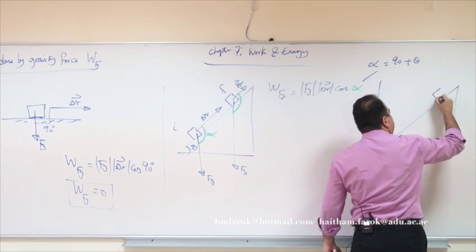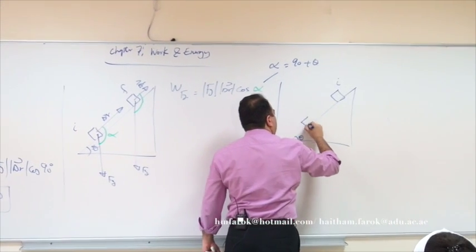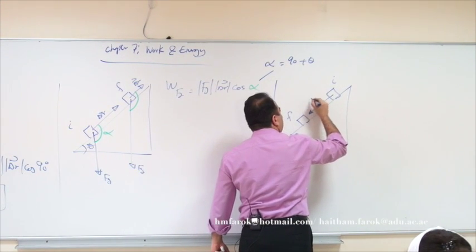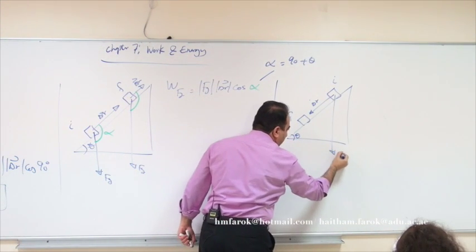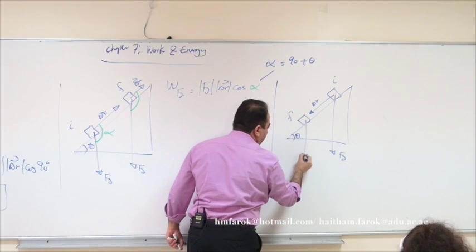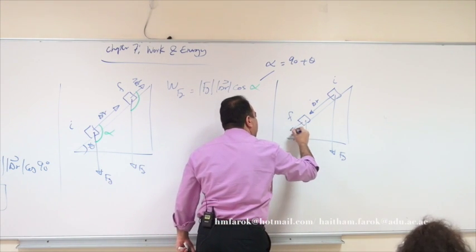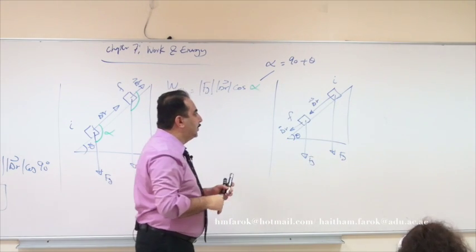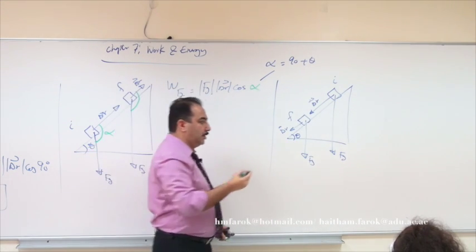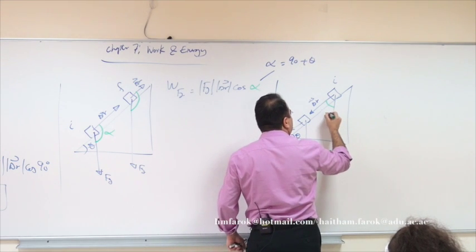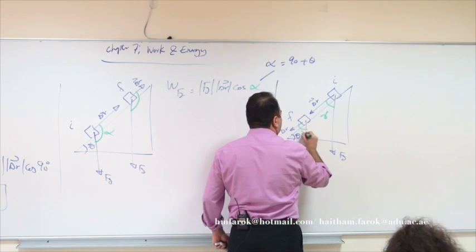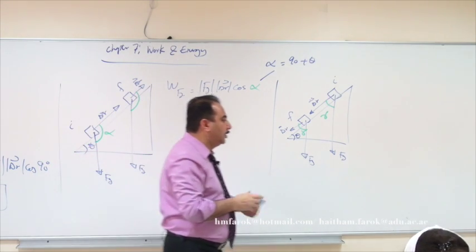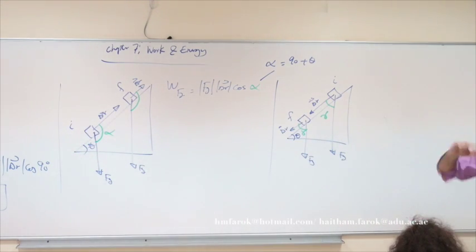Now, the second case, when it's coming down. Theta. Initially, it's here. Finally, it's here. So delta R is this way, and FG down. So where is the angle between FG and delta R? It's this angle, gamma. How much is gamma? It's less than 90.